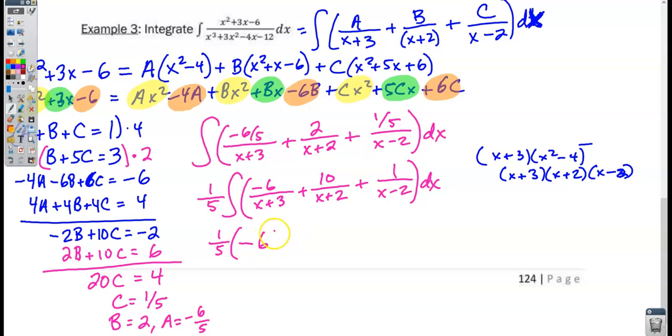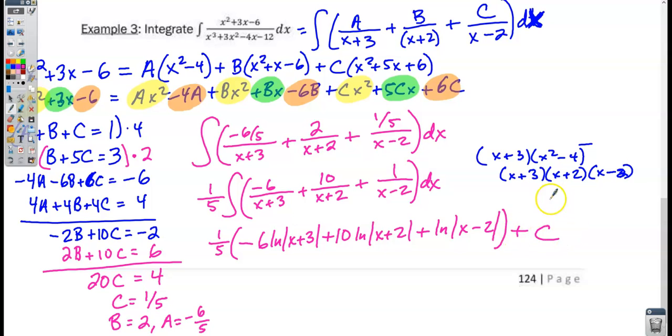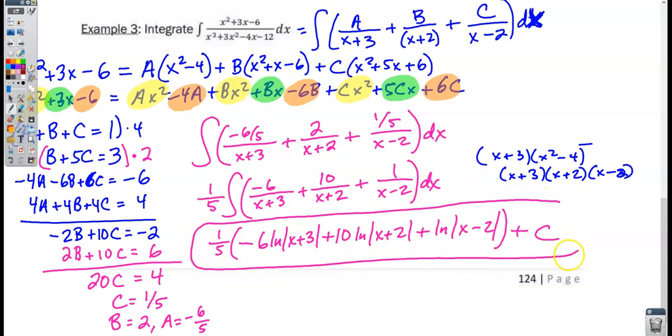This is -6 natural log of the absolute value of x plus 3, plus 10 natural log of the absolute value of x plus 2, plus 1 natural log of the absolute value of x minus 2, all that plus C. And there's our integral. Ta-da!